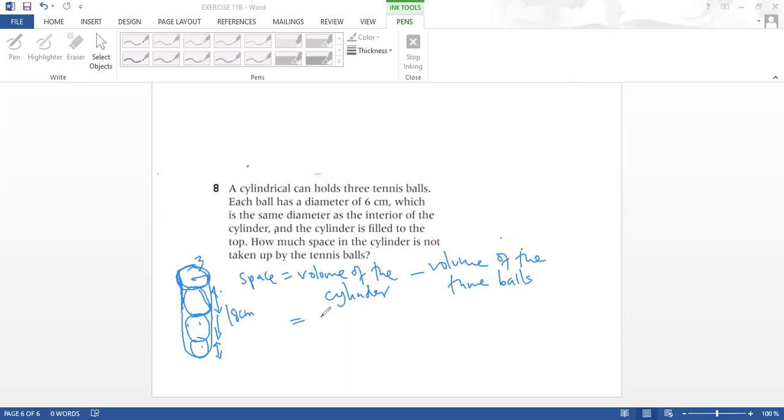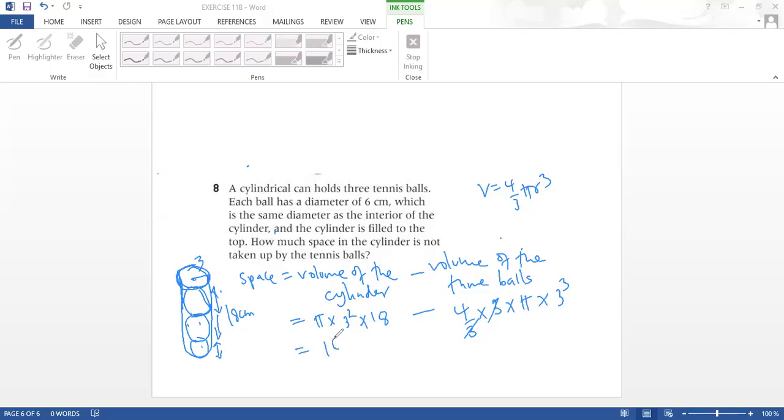So volume of the cylinder now is pi times r squared times height, and then minus volume of the 3 balls. Remember, the balls are spheres in nature. So the volume of a sphere will be 4/3 pi r cubed, and because we have 3, we have to multiply by 3. So this one will go with this. And then here we will have 18 times 9.